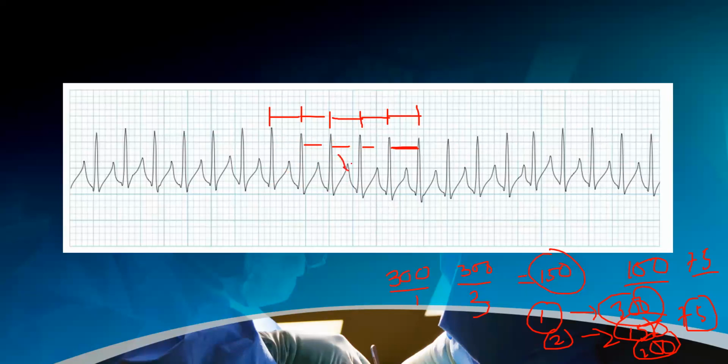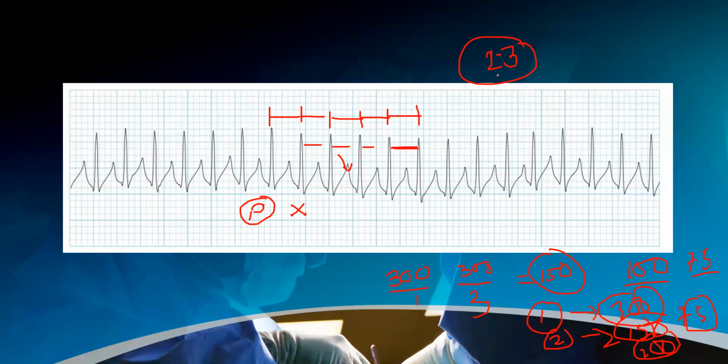After that, you look into the P wave. There is no P wave in here. This is the T wave you can see because it's after the QRS complex. Okay, P wave is absent. Then the QRS complex. Normally, the normal QRS complex should be between 2 to 3 small squares.